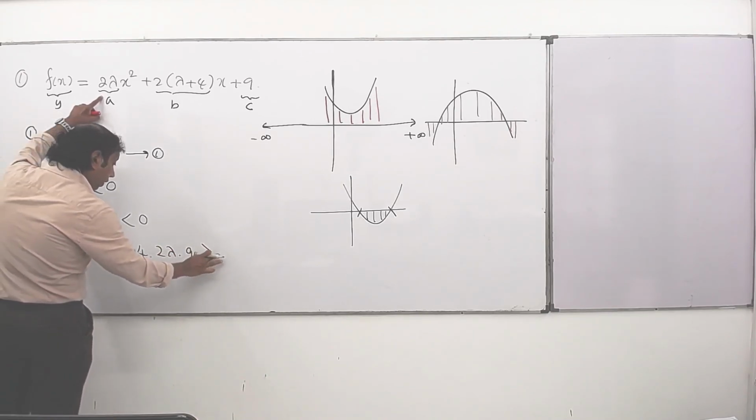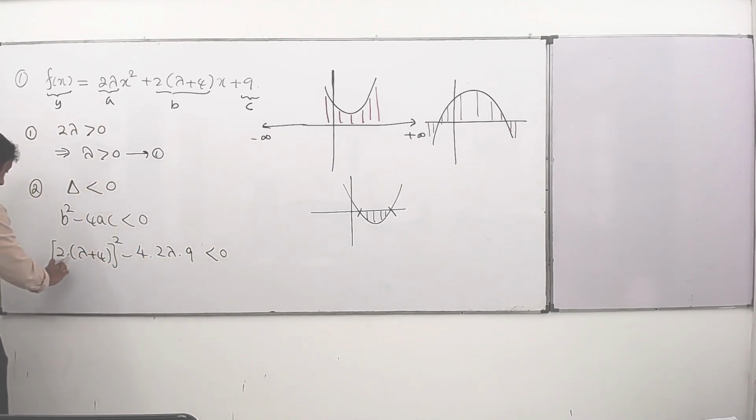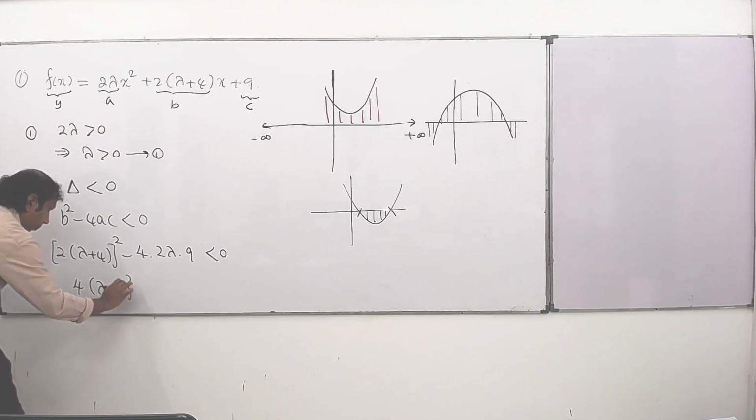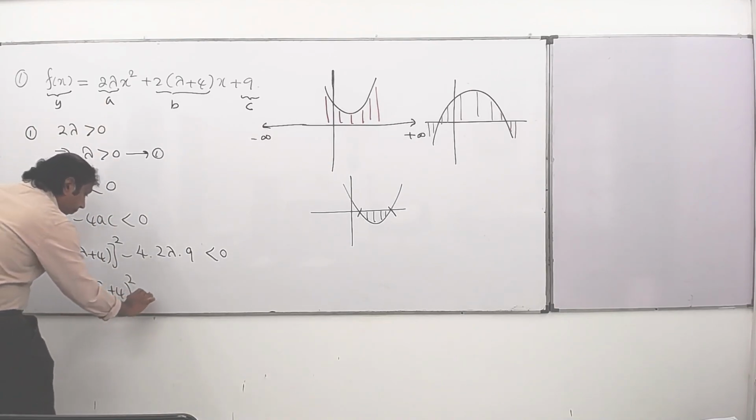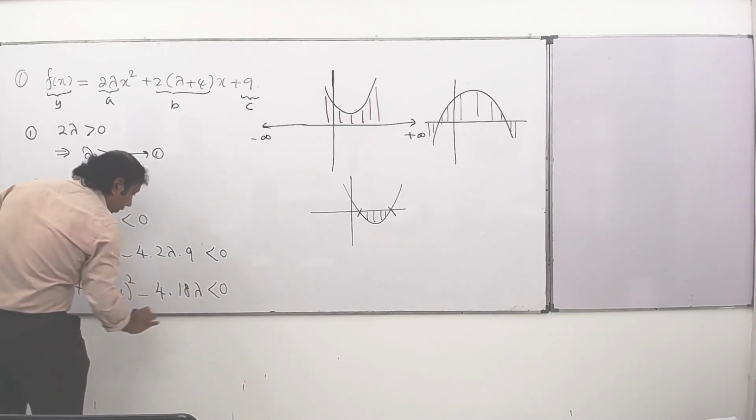This should be negative. We simplify this: 4 times (lambda plus 4) squared minus 72 lambda, which is 18 lambda times 4, less than 0.